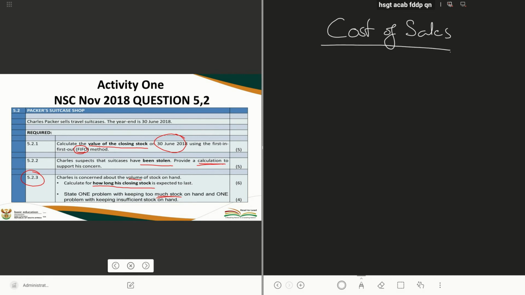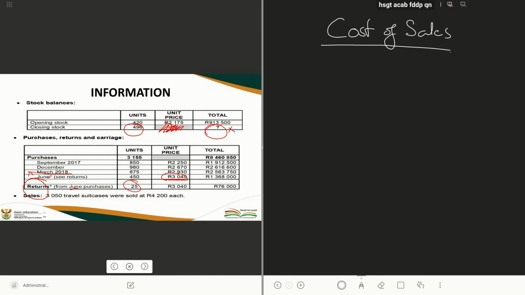This is very easy, especially if you're using the periodic inventory system. This is how you do it. You're going to come to the information and say, how much was my opening stock? You're going to say, opening stock.